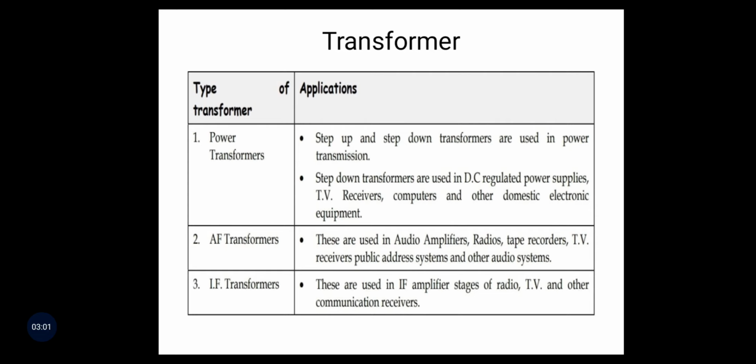Again, the step down transformer is also a power transformer. Step down transformer means the primary winding voltage is greater than the secondary winding voltage. That means here step down means the secondary winding voltage is lesser than the primary winding voltage.